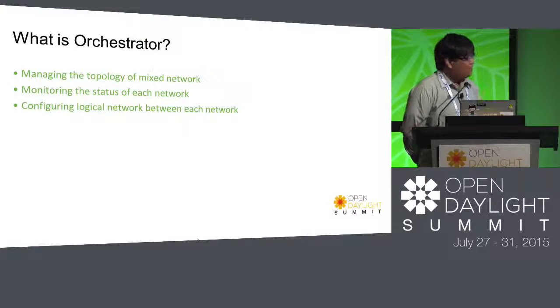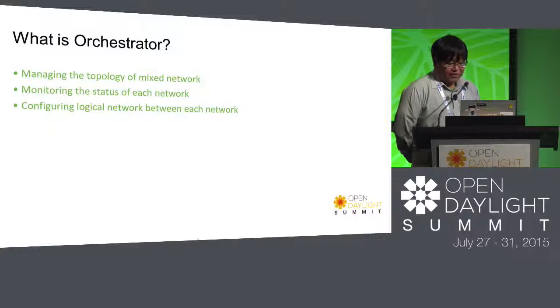This Orchestrator detects not only the status of OpenFlow switches, but also the status of L2 switches by SNMP trap. For example, it can detect link failure, link up from the L2 switch, and so on.